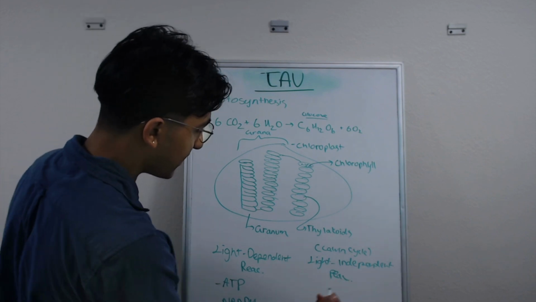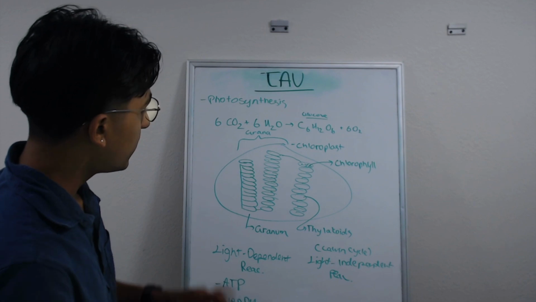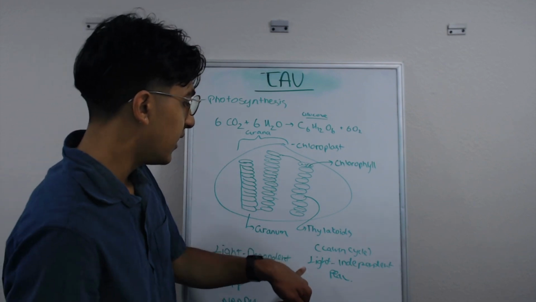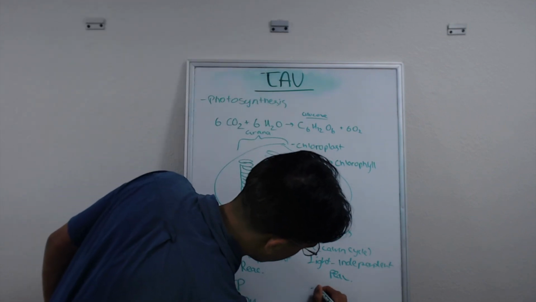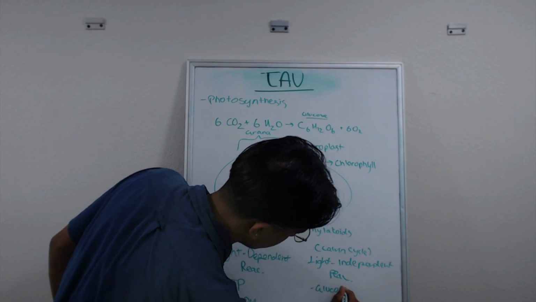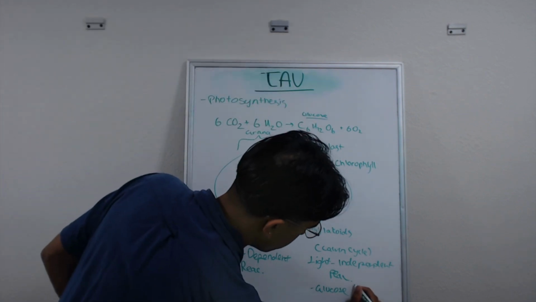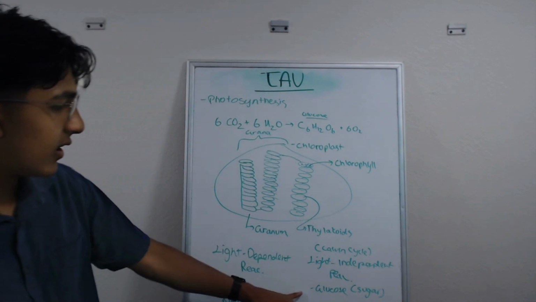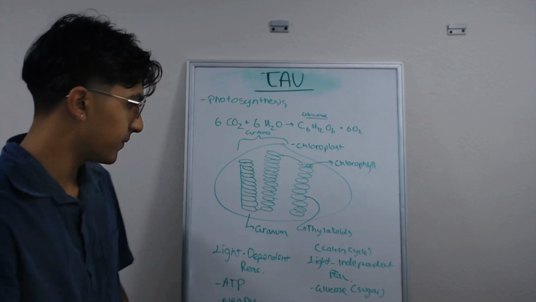So in the Calvin cycle, carbon dioxide also comes in, and with the water from the light dependent reaction, your glucose is formed as a product. Glucose is a type of sugar that our cells eventually break down to form energy.